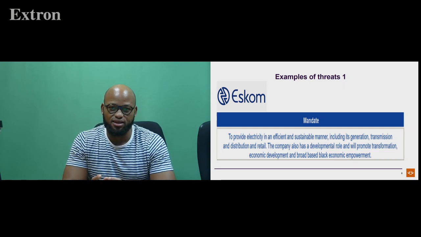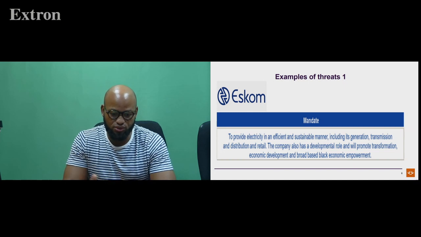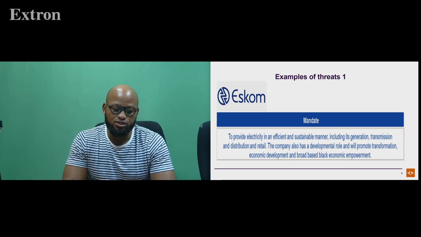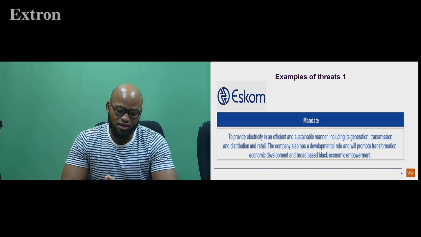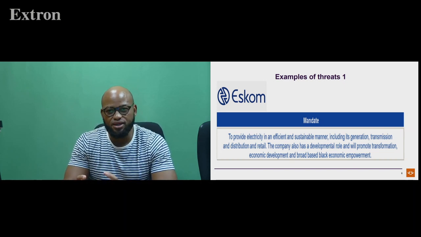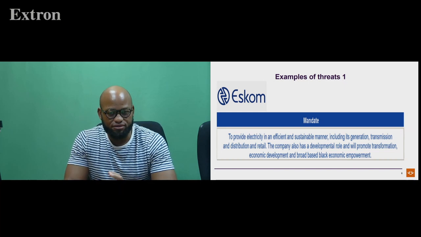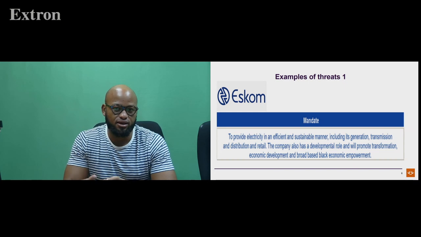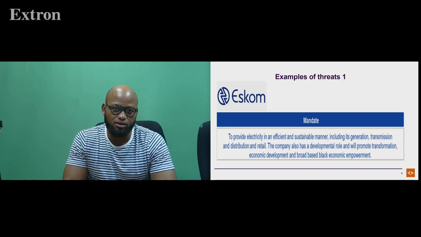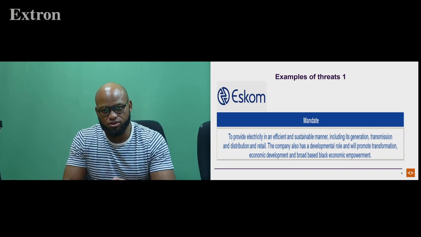That's the actual problem, the actual risk. The risk is Eskom is unable to provide us efficient and sustainable electricity, but something is driving that risk. What is the thing that's preventing Eskom? What is the threat? One example is wet coal.